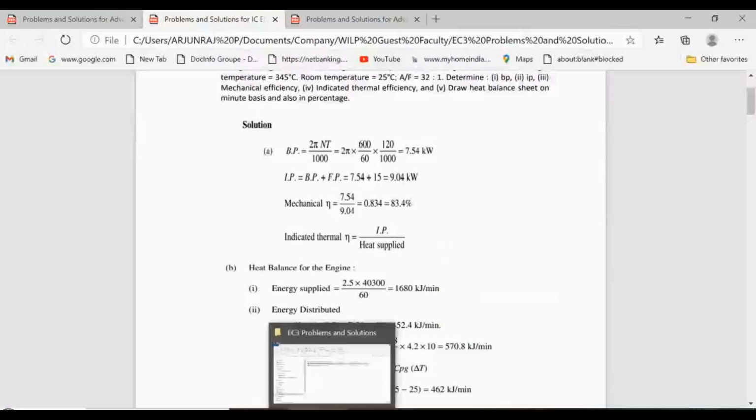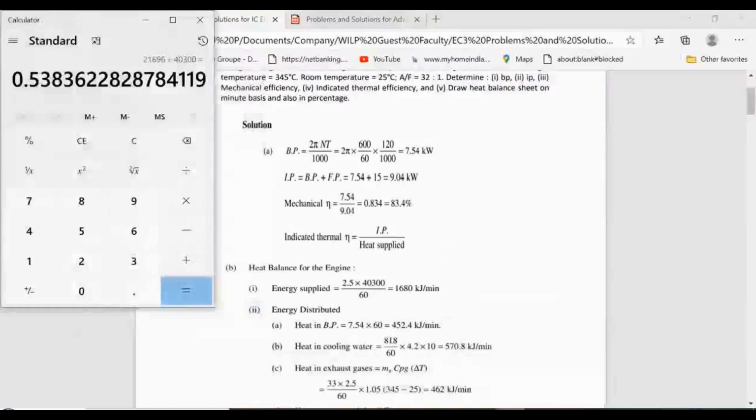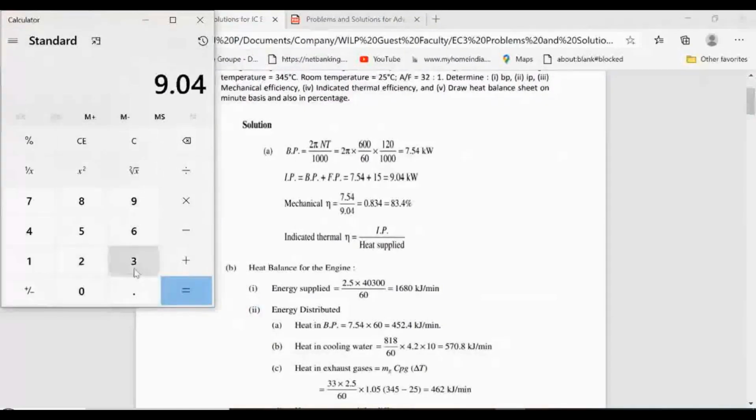I'm just taking the calculator. 9.04 is in kilowatts. When I convert that into minutes, you get 542, divided by the heat supplied, 1680.